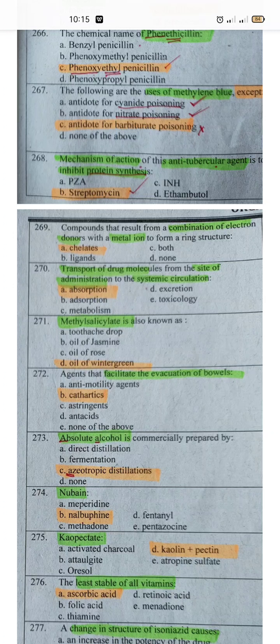271, methyl salicylate is also known as your oil of wintergreen.